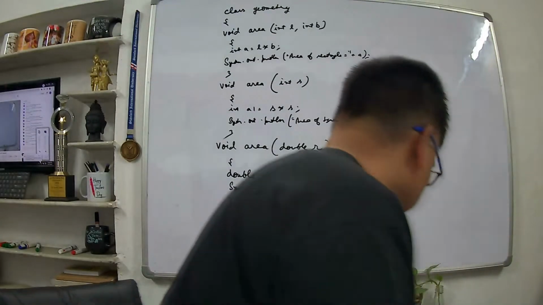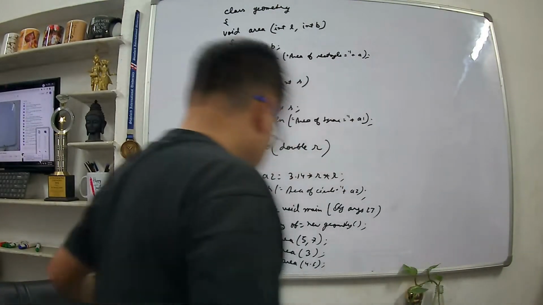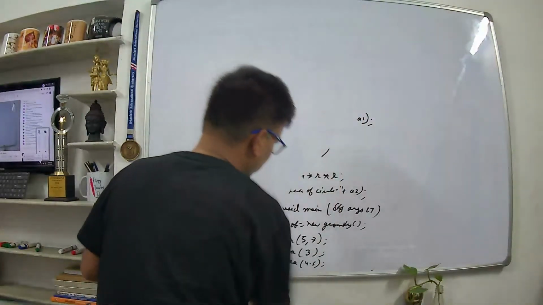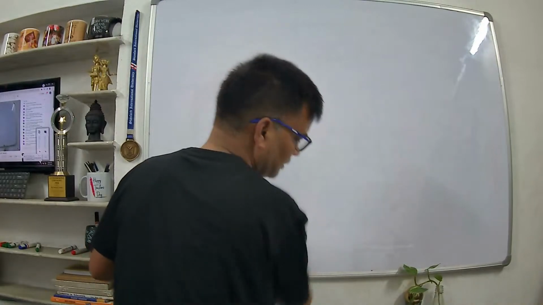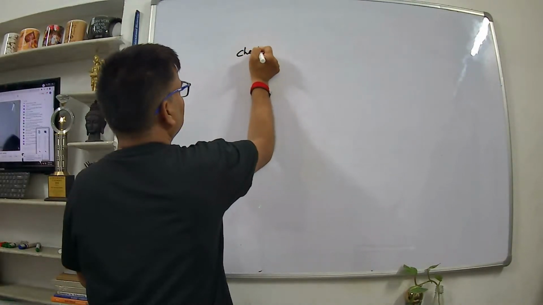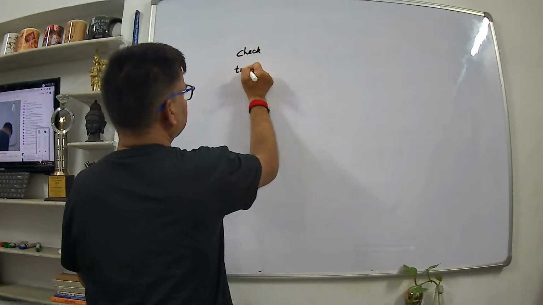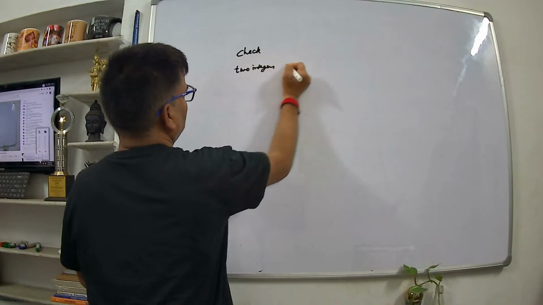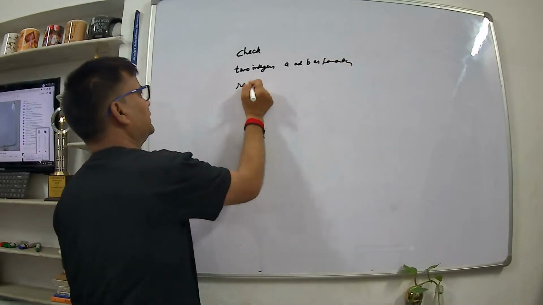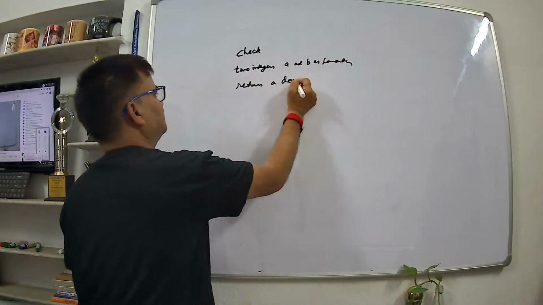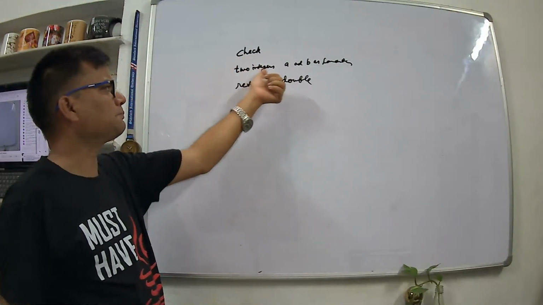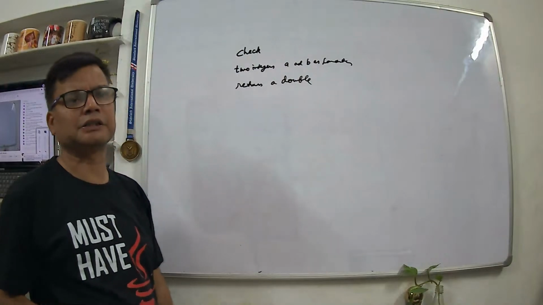Prototype, for example, if the question says write the prototype of a function named check. The function name is check. It accepts two integers a and b as parameter and returns a double value.